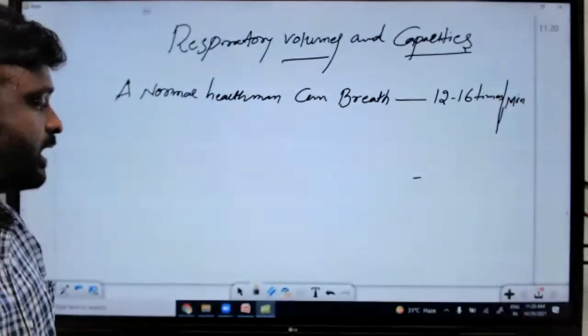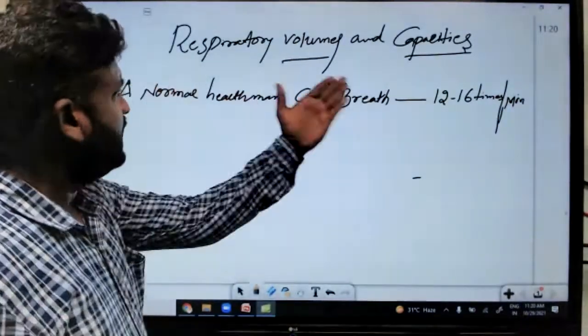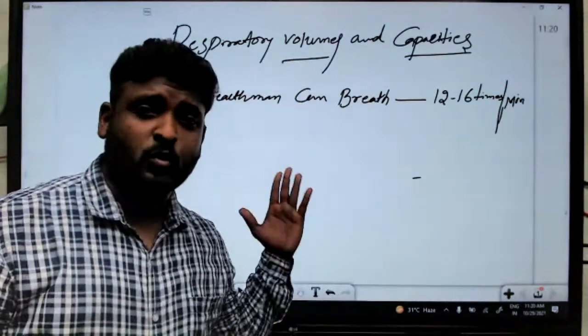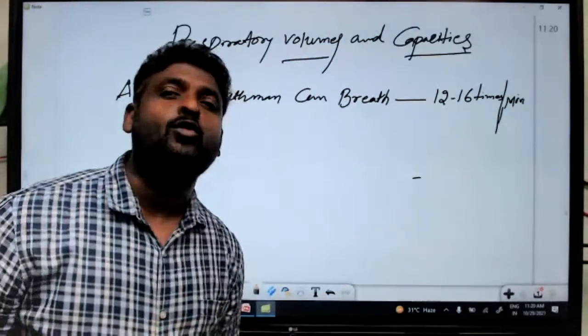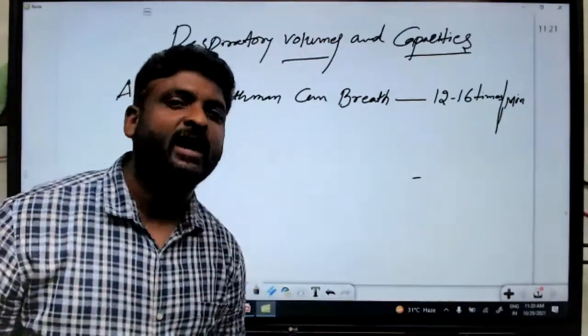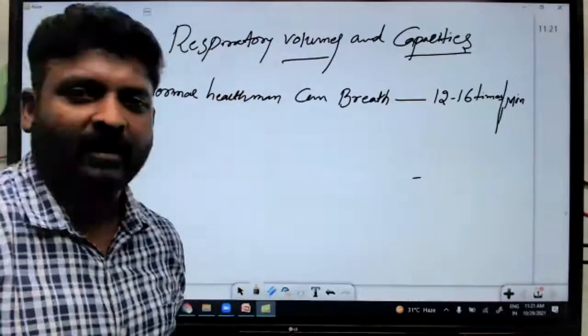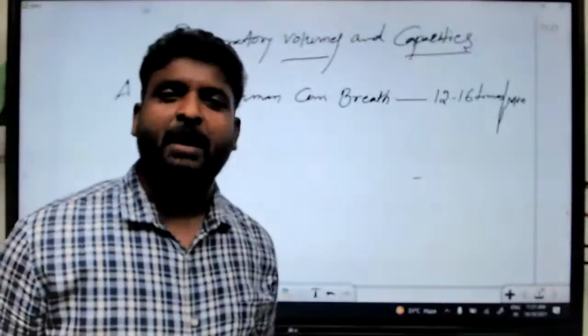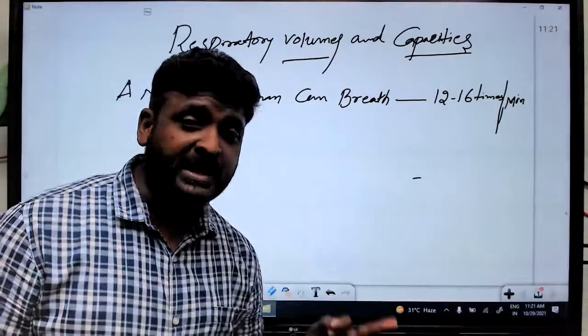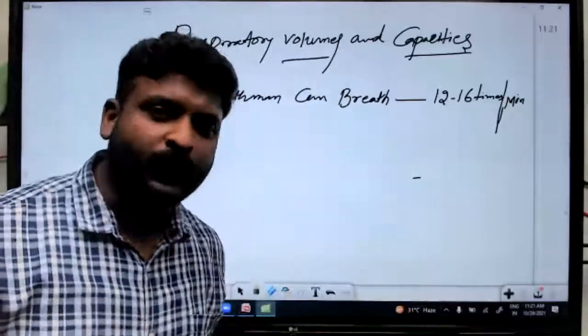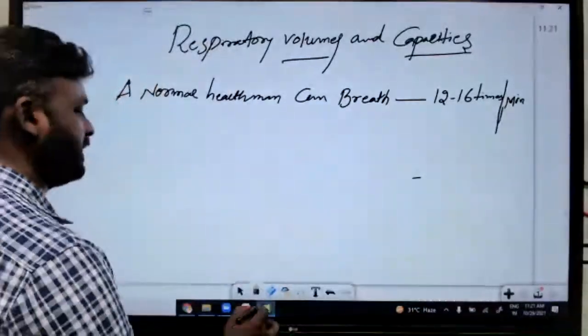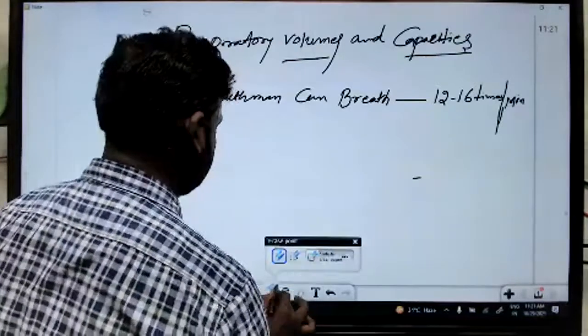Next, in this chapter, definitely we have to know what devices we use for measuring respiration, that is, respiratory volumes and capacities, and the respiratory rate. I'm going to tell you that.